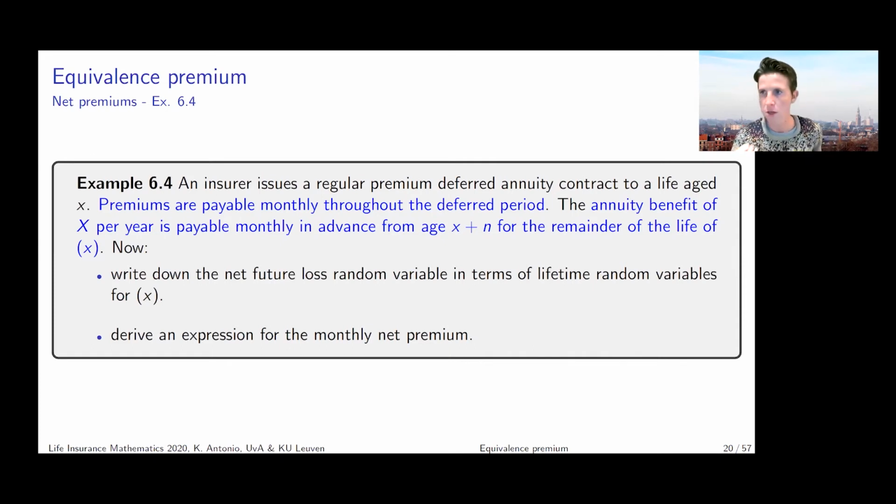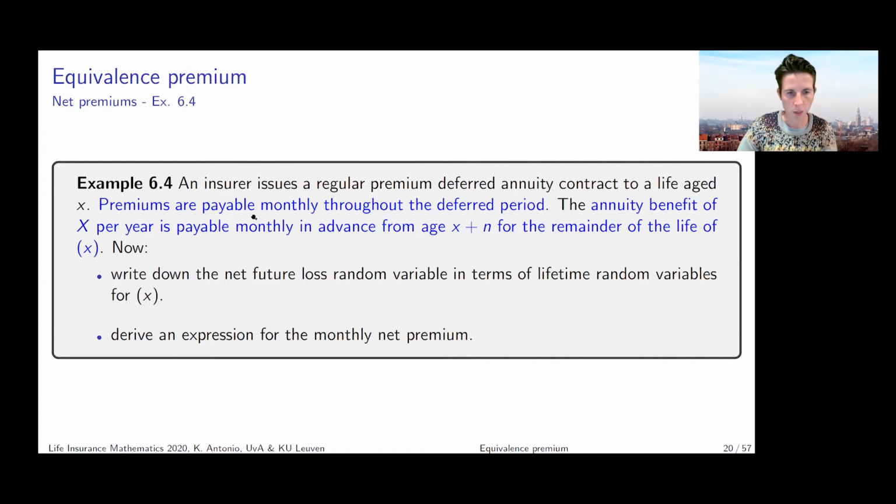So the complexity here comes from the fact that the premiums are payable monthly and that the annuity benefit is also payable monthly, okay? And now there is an important difference to be made. If you look at the X here, the X means it's the annuity benefit per year, right? So in total, over a year, we pay X. So monthly, we pay X divided by 12, okay?